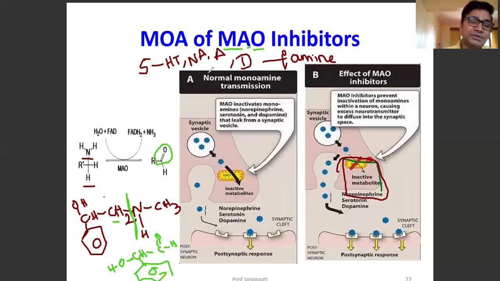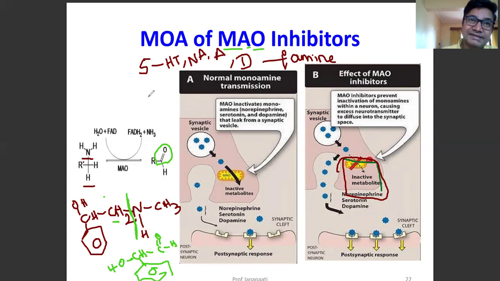All these neurotransmitters such as 5-HT, norepinephrine, adrenaline, dopamine consist of one amino group, and this enzyme metabolizes them. So deamination plus oxidation: removal of the amino group and also adding oxygen. That's why it is called monoamine oxidase.